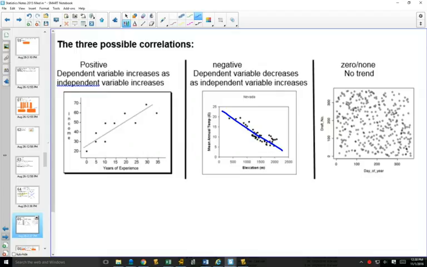So we've got temperature and elevation. As you go up higher, the annual temperature goes down. So that would be an example of a negative correlation. What does it say? I can't even read that on that last one. The day of the year and a draft number.